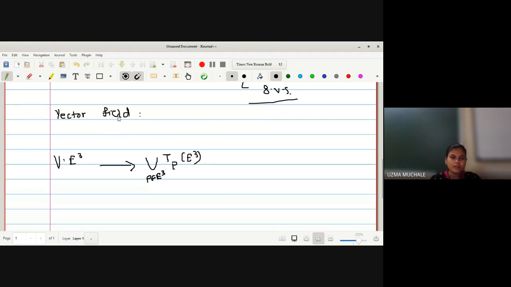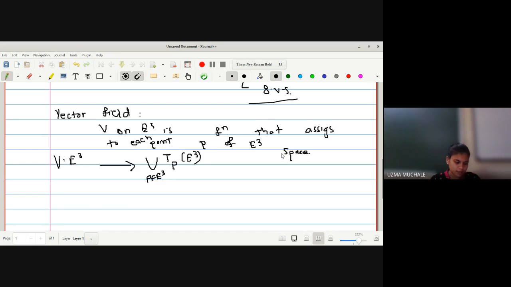A vector field V on E3 is a function that assigns to each point P of E3 space a tangent vector V_P.